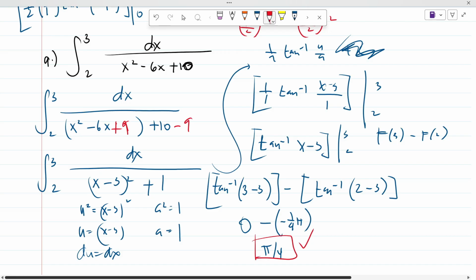So, pi over 4. Wait. Sorry. Wait guys, isinusulat ko lang sa calculator.